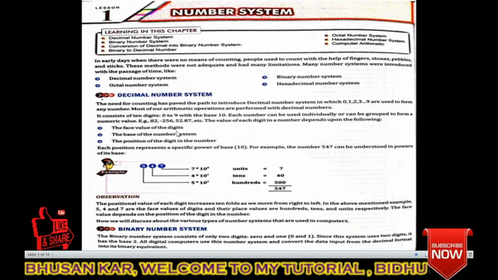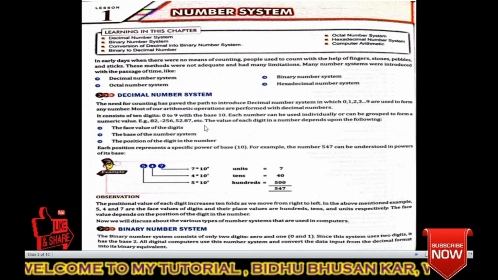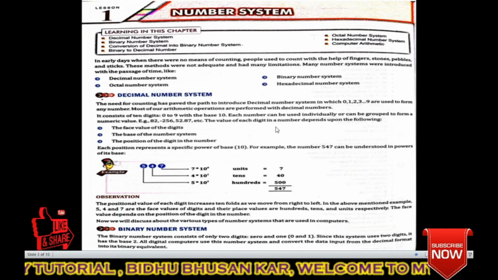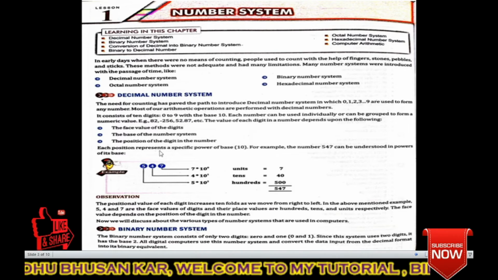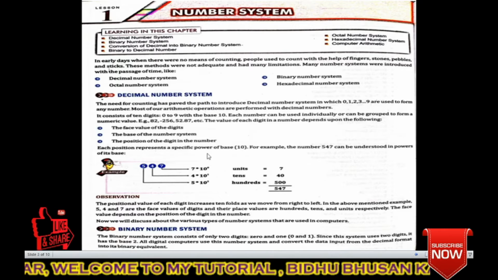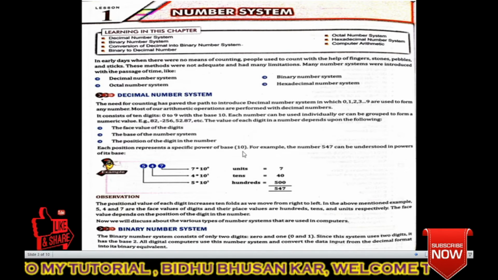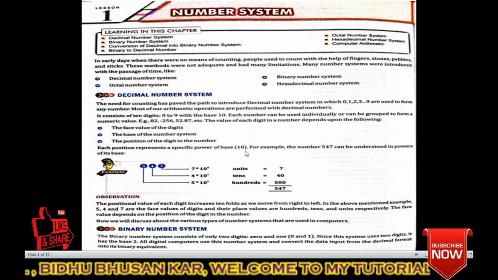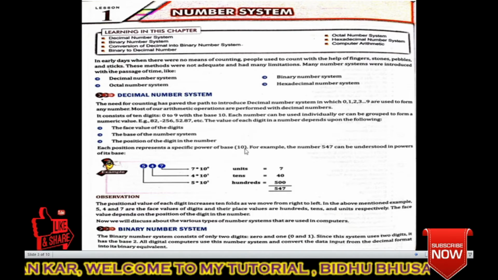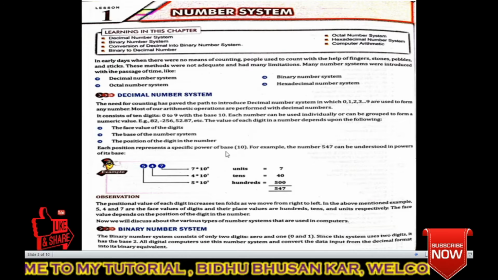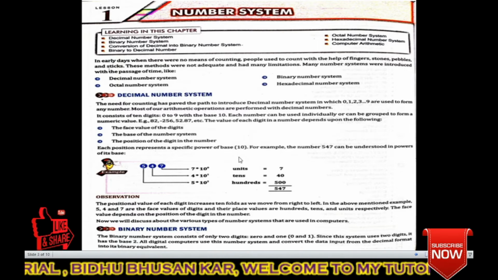Each position represents a specific power of base 10. You have already read in class 6 or 7 what is base 10 in mathematics. So recall that thing and remember.